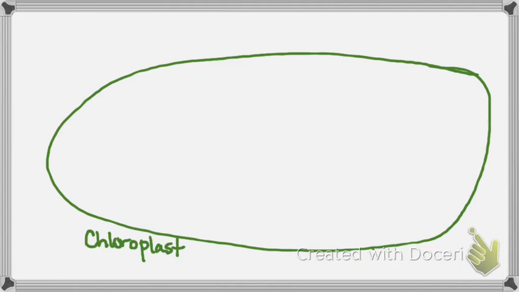Okay, so photosynthesis occurs in two parts. It's going to occur in the photo part and in the synthesis part. So what I want you to do first is, over here on the left side, label this as photo.